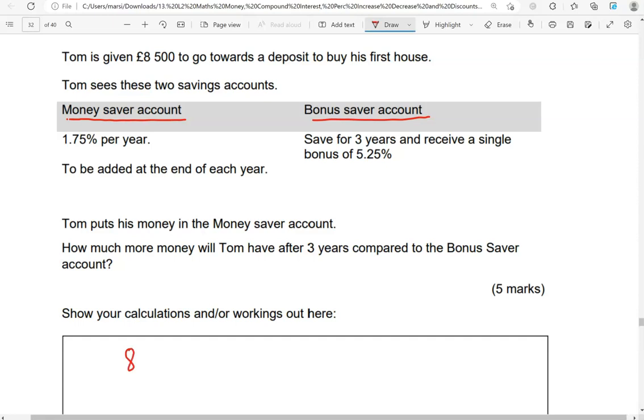So 8,500 is the investment times the multiplier, so 1.0175, so 1.75% on top of 100 divided by 100, that gives us 1.0175 to the power of 3, because it's 3 years.